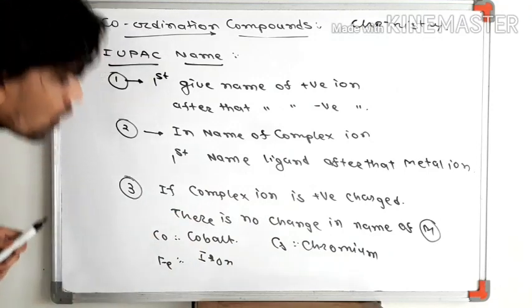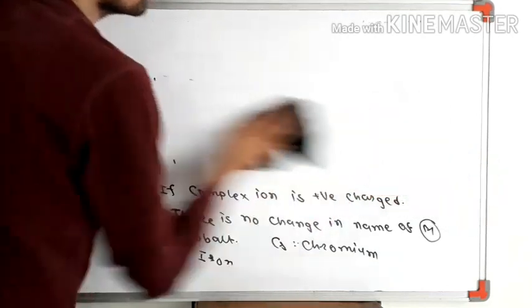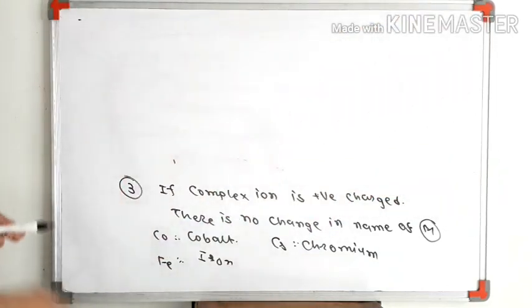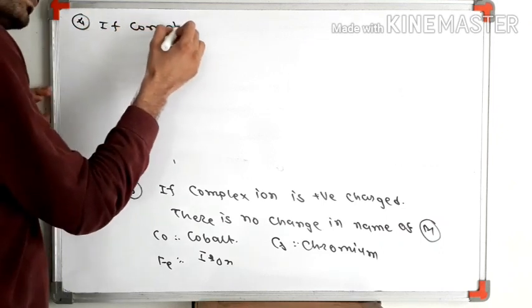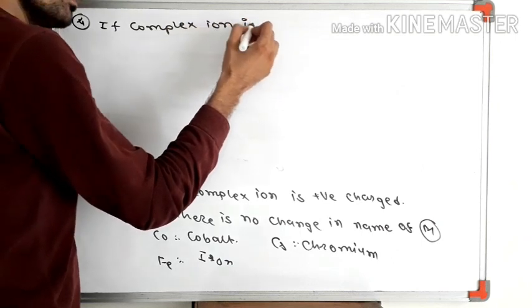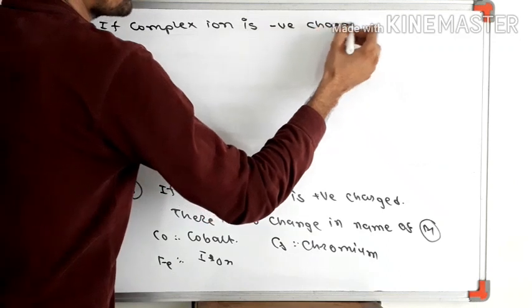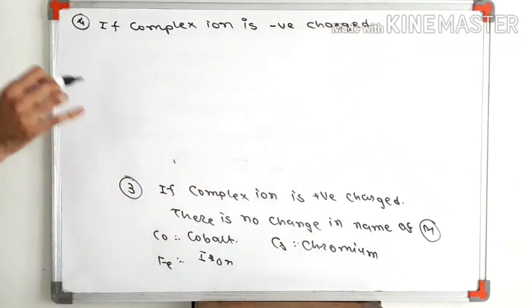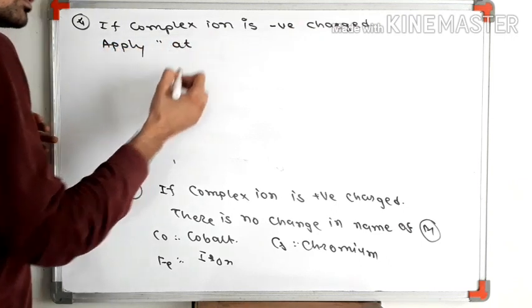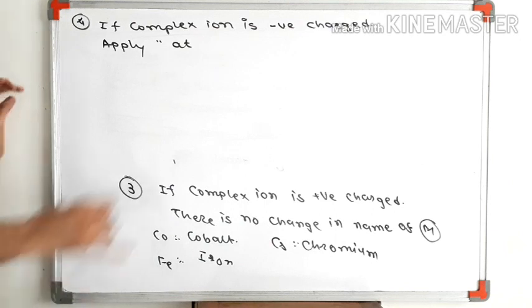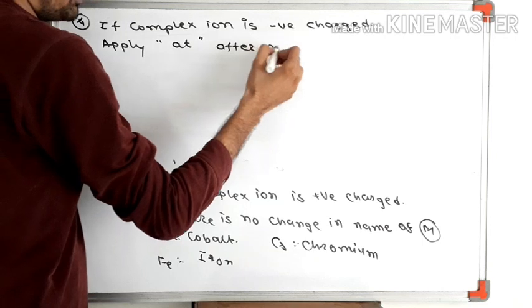Okay, the fourth rule is, if complex ion is negatively charged, apply suffix ate after name of metal.